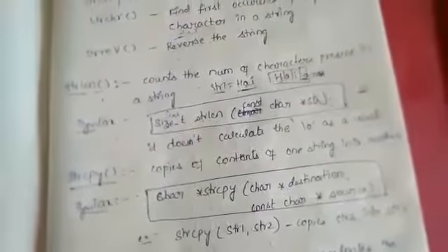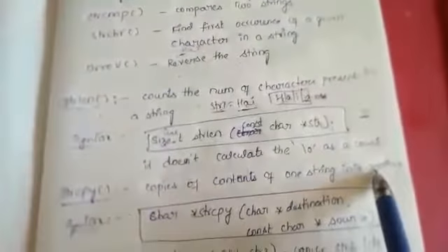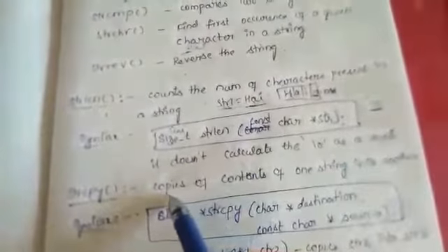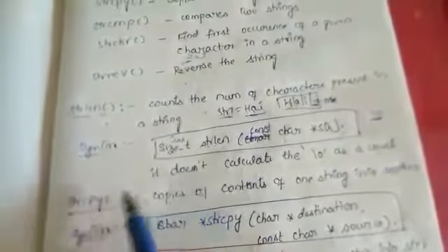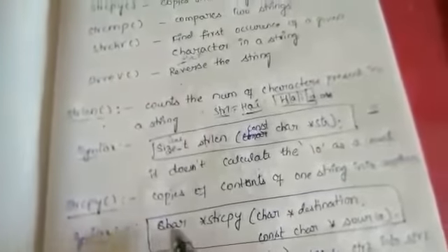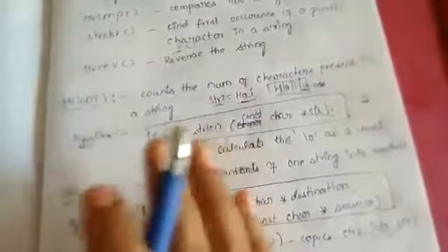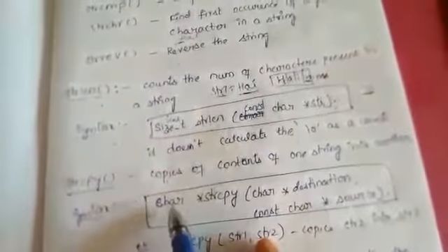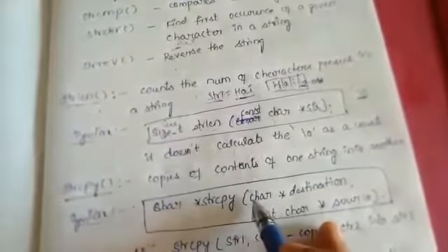Next we have the function called strcpy. strcpy copies the contents of one string into another. If you want to copy the contents of one string to another, we have to use strcpy. What is the syntax? As it returns characters, not integers, we give char star strcpy.